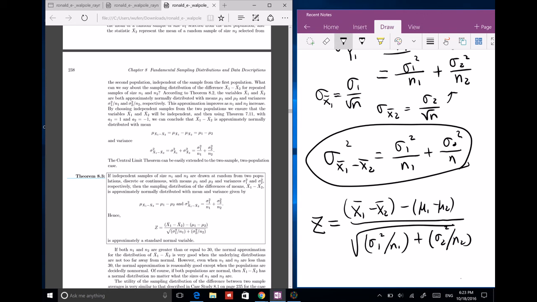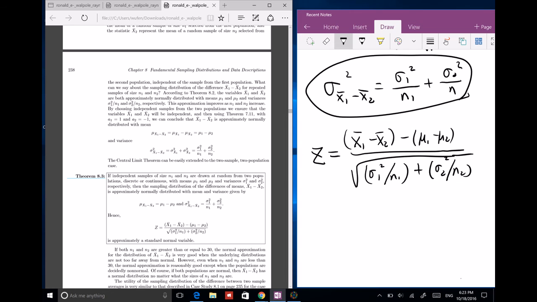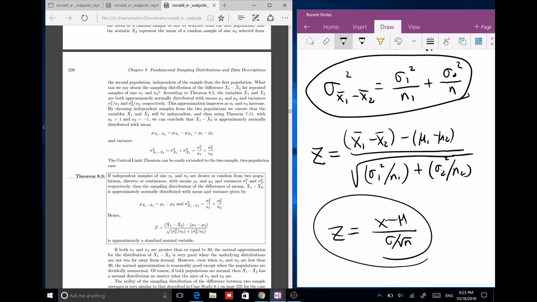Eventually it's still the same idea, x minus mu over sigma over square root of n. Sorry, it's x minus mu over sigma. Now the sigma is the square root of the combination of these two, so it's the same idea as the z-score formula.